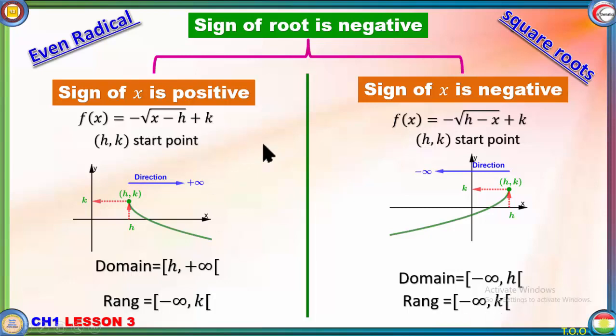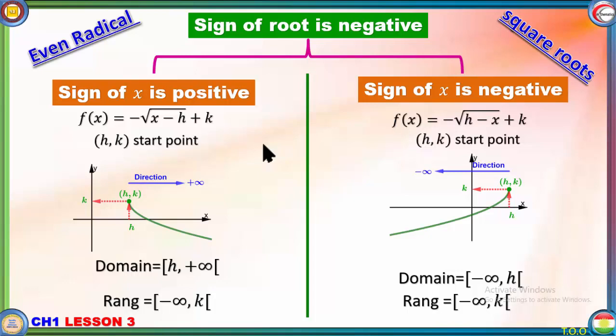In these notations we take, you can say that if the sign of x is negative, then the domain starts from negative infinity to the start point. And if the sign of the square root is negative, then the range begins from negative infinity to k.